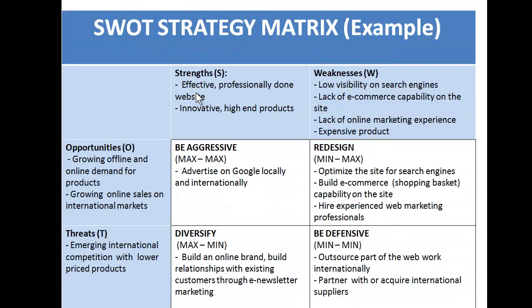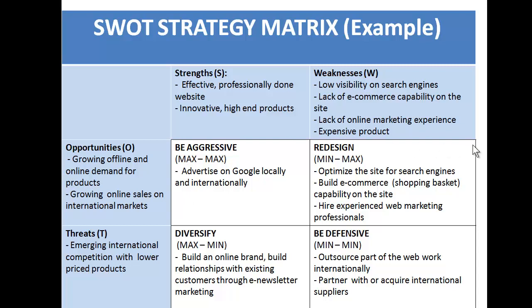The example has been given before. We are dealing with a company that has decided to be aggressive in the sense that they will want to advertise on Google locally and internationally, and they also have some defensive strategies outlined here, and all their strengths and weaknesses and opportunities and threats that have been identified during the situation analysis are being put here. And in this stage of your strategic plan, you are now actually trying to fill in the blanks in this white field.